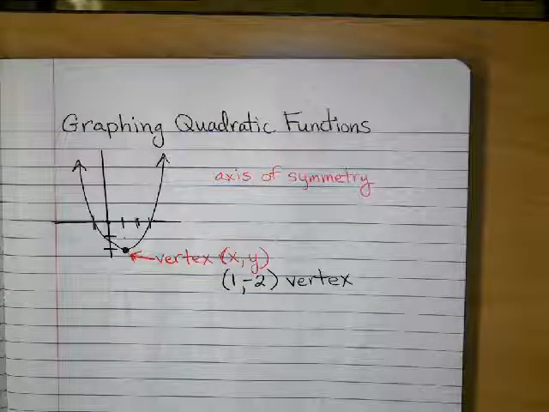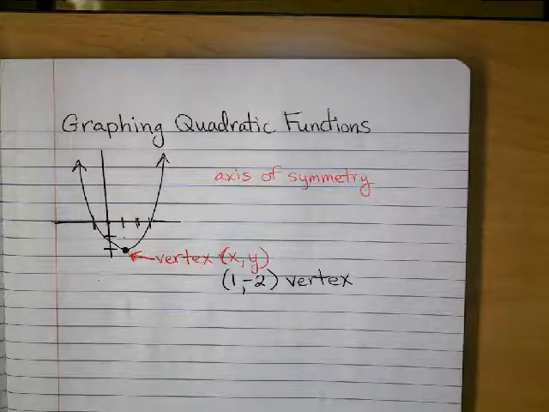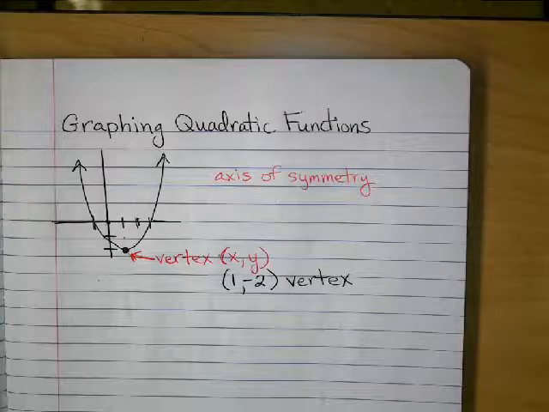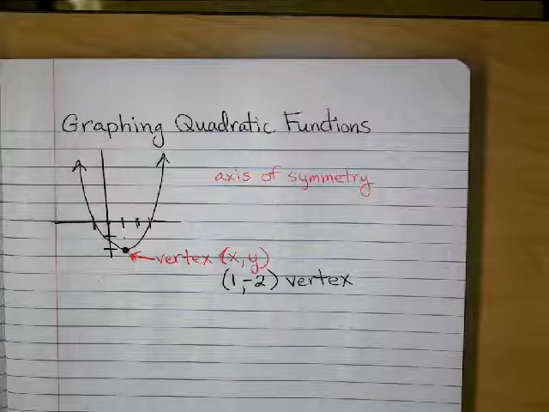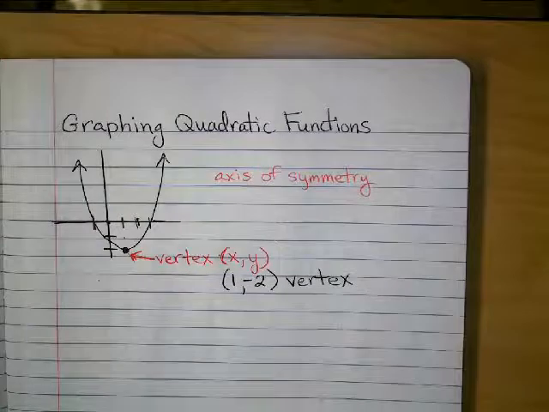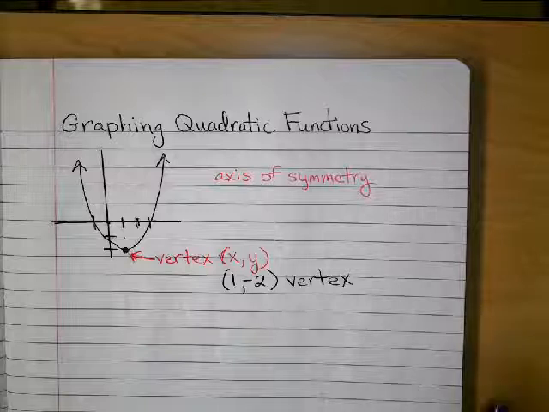Symmetry means like one side matches the other, like your face or your body. It's close, a perfect match, you know. I could draw my body. It's like the other side, you know, two sides.